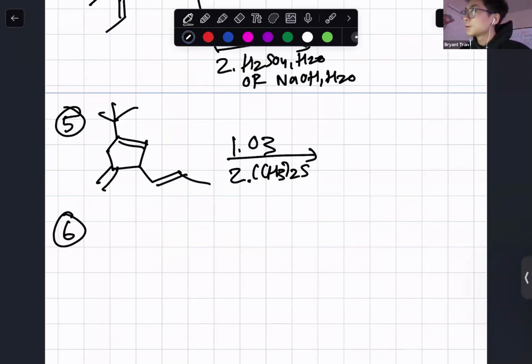Oh wait, let me check what he did. No, he didn't really mention the other part. So yeah, let's just do these 2 over here. Like this. And this right here, we would test the stoichiometry for sure.